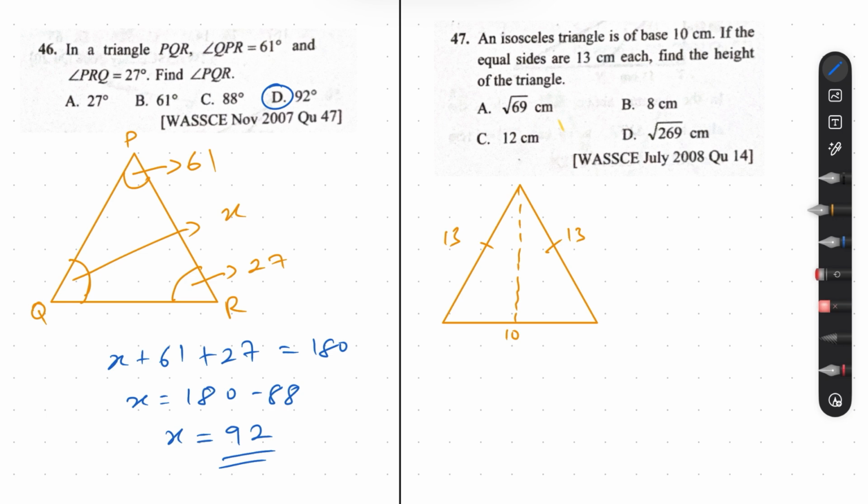Now, in an isosceles triangle, the height divides the base into two, because these two sides are the same. That means here will be 5 and here will be 5. So let's just take one side for now. In order to find this height, which is h, we can use Pythagoras theorem. So let's take out that right angle triangle.